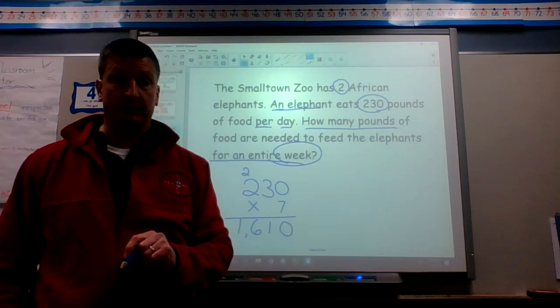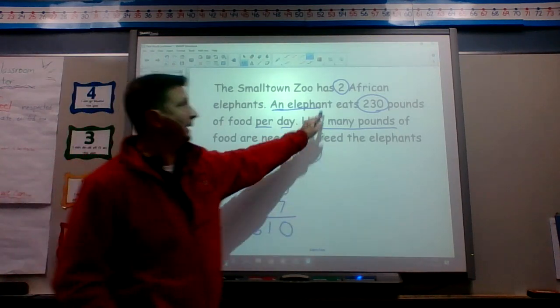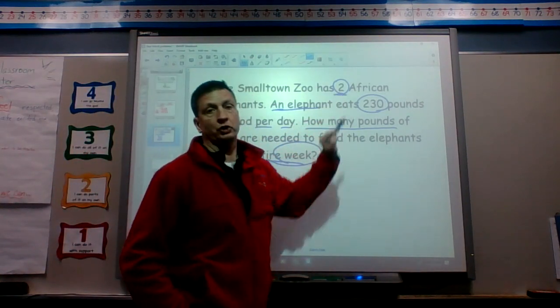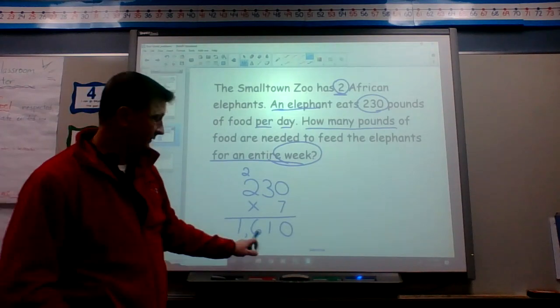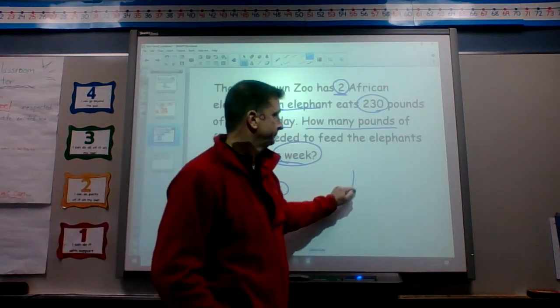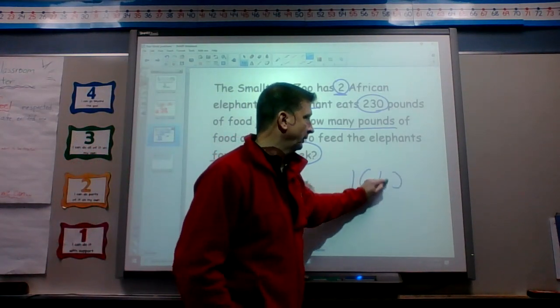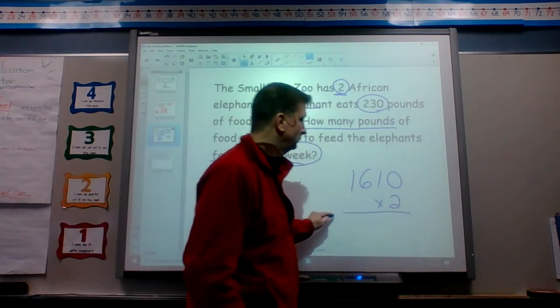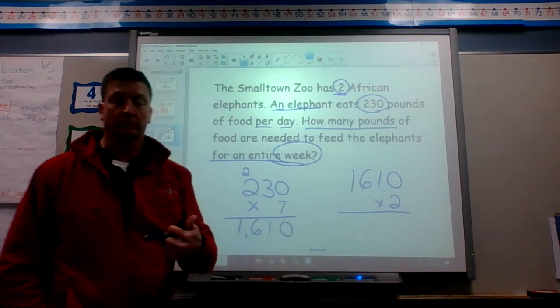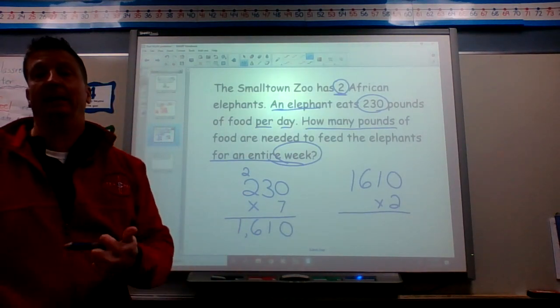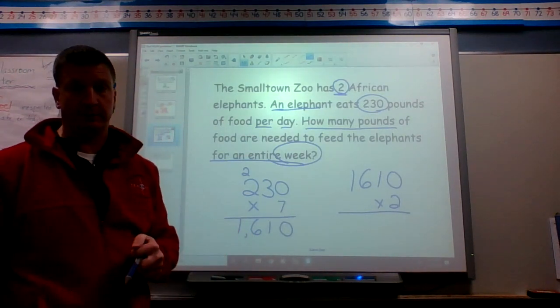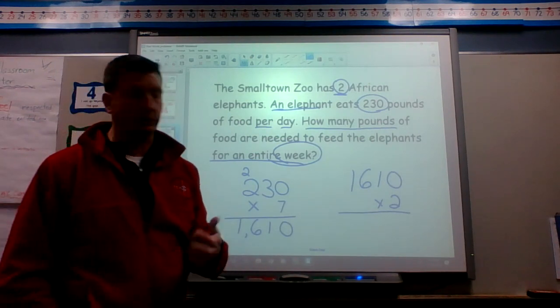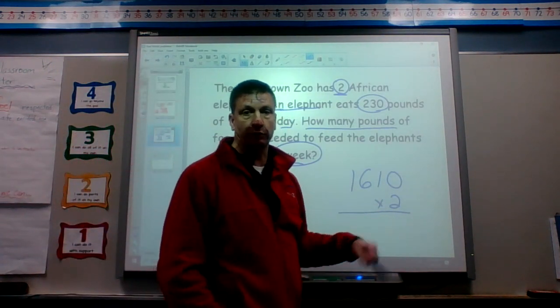But that's not my answer, because I have to go back and remember there's 2 elephants. So I have to take this and double it. Now I can either multiply it by 2, or I can take 1,610 and add it to 1,610. Either strategy would work here. I'm going to choose to multiply by 2.